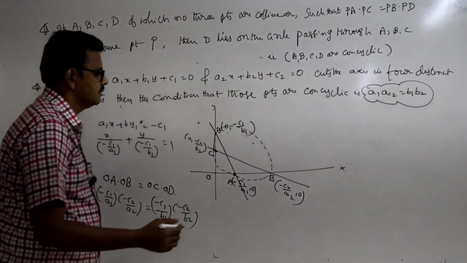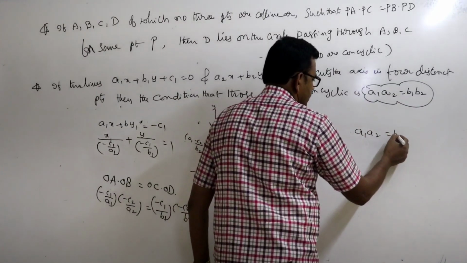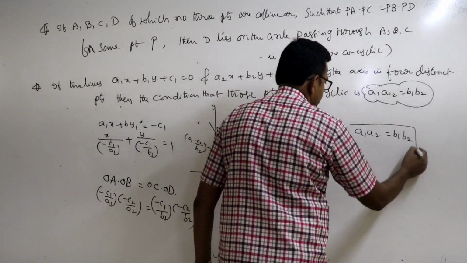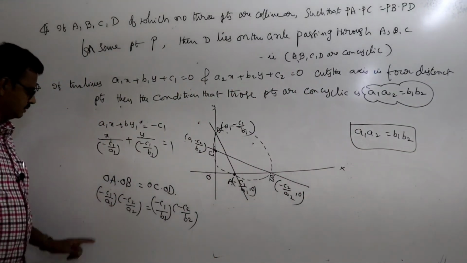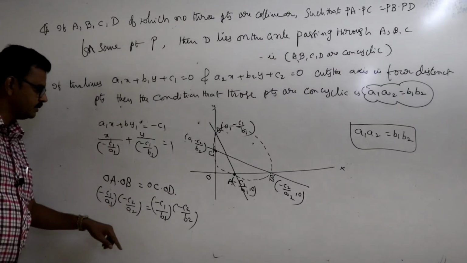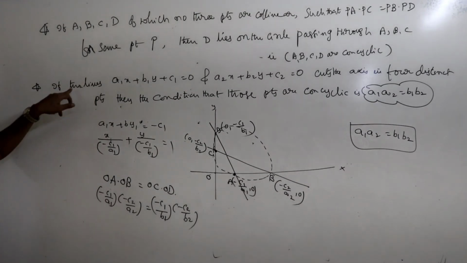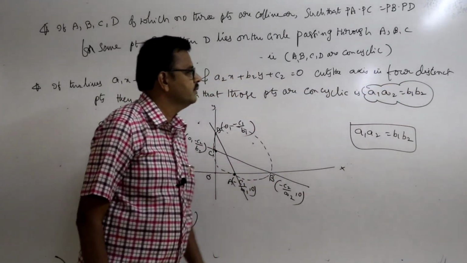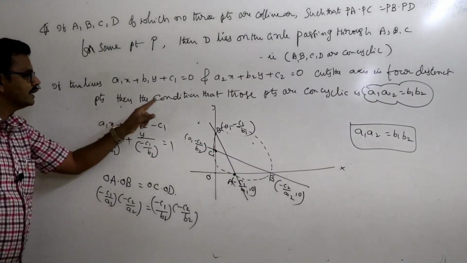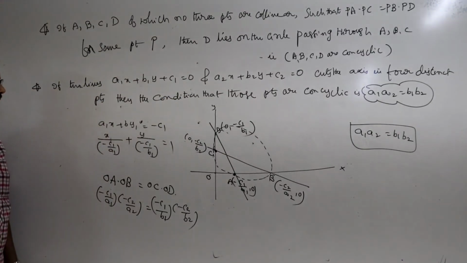That implies A1 A2 is equal to B1 B2. Here C1 C2 gets cancelled, so minus of minus is plus: A1 A2 equal to B1 B2. If the 2 lines cut the coordinate axes in 4 distinct points, then the condition that those points are concyclic is A1 A2 equal to B1 B2.